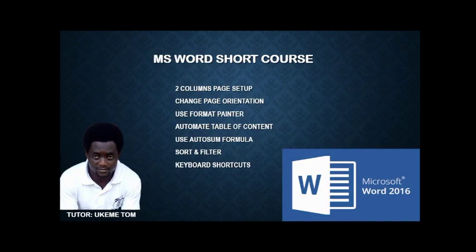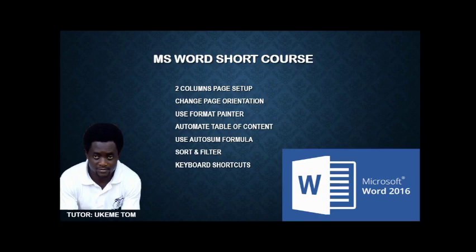In MS Word, you're going to learn how to insert two columns in one page, how to partition your page into two columns, and then how to change orientation from landscape to portrait both in one document, and then how to use Format Painter, the most important tool that is always overlooked.